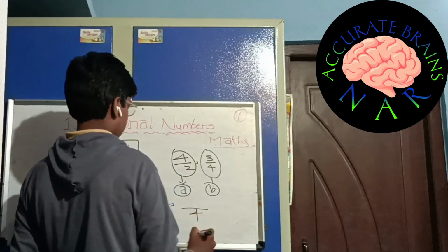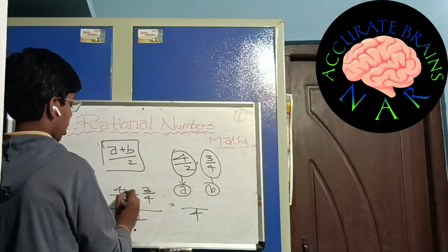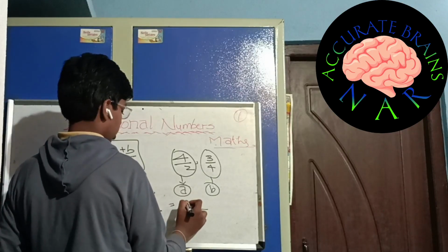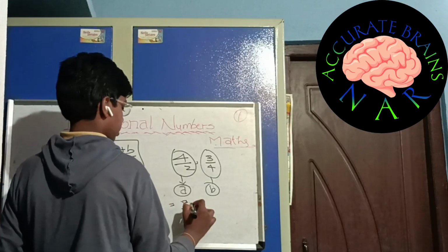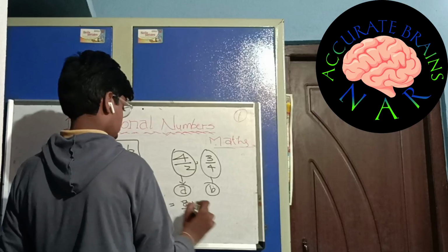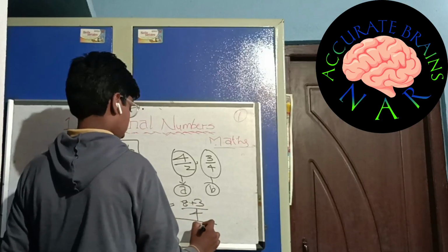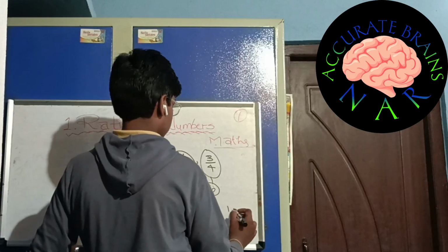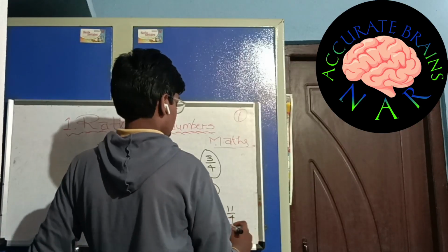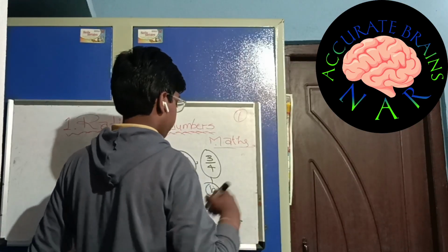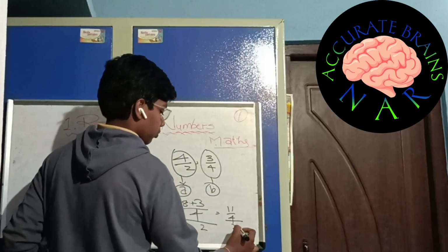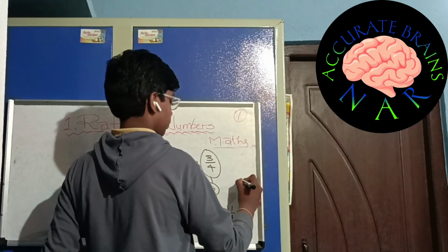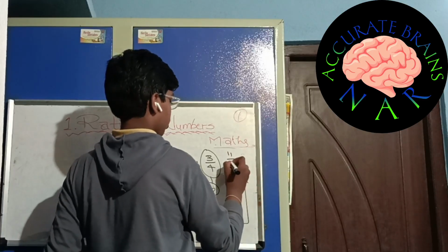Multiplying 4/2 by 2 in numerator and denominator gives 8/4, plus 3/4, whole by 2, which is 8 plus 3, which is nothing but 11/4, whole divided by 2.